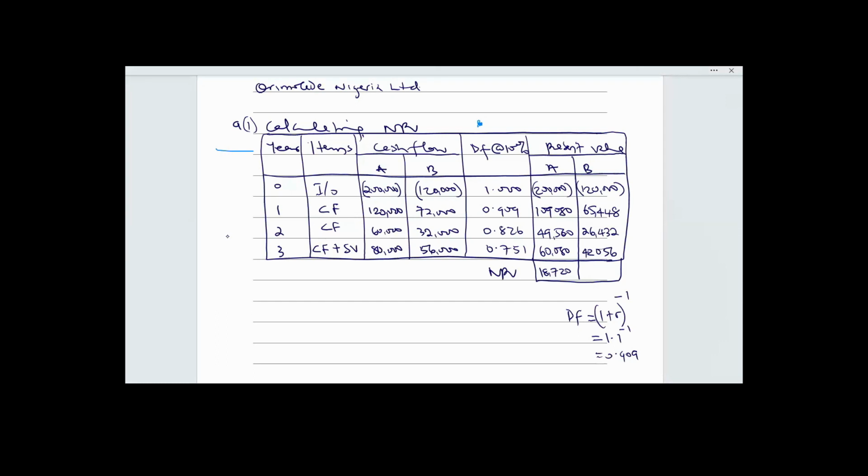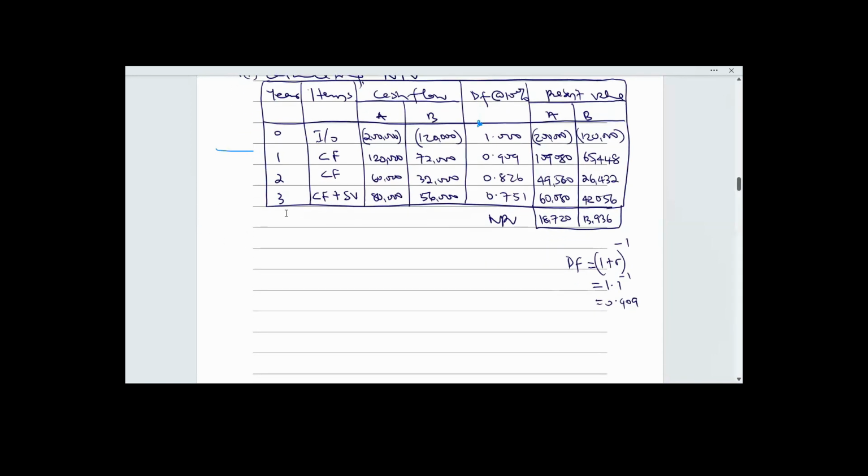Add it up: 42,056 plus 26,432 plus 65,448 equal 133,936 minus 120,000 equal 13,936. So that's the NPV of project B, and 18,720 for project A. And the two projects are financially viable because the NPVs are positive.